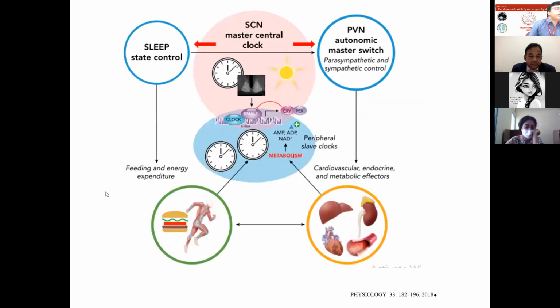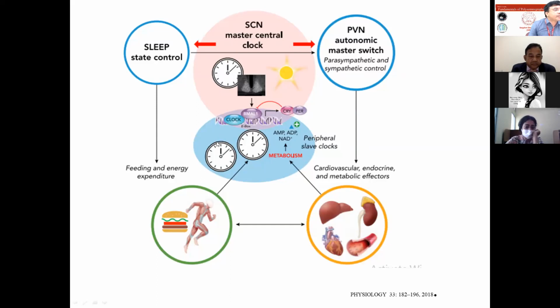This slide gives you the overall intricacies of how the circadian and homeostatic regulation are highly linked with each other, to bring about not only sleep, but also to influence autonomic activity and the functions of various peripheral physiological systems.